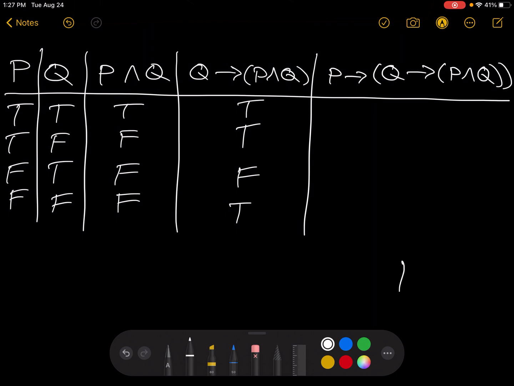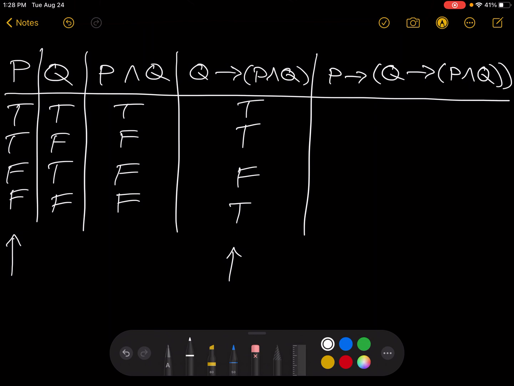All right, now moving on to this final column, we're going to look at P implies this whole thing. And remember, again, it's only false if we have true implies false. Okay, turn our attention to P and to this whole thing.